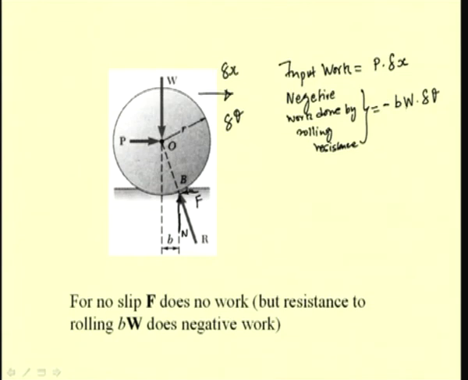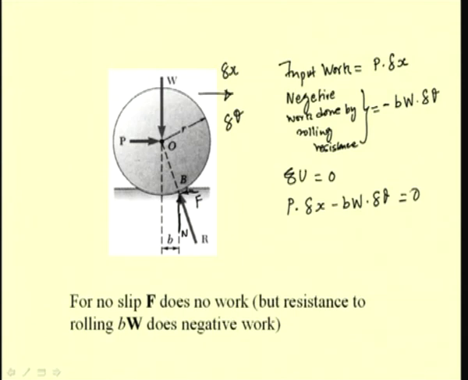This comes from the fact that the rotation delta theta is in the clockwise direction, and we have this moment in the anti-clockwise direction. The moment of this force is in the anti-clockwise direction about this point B. So, we have the total work, delta U equal to 0: P delta x minus B W delta theta equal to 0.